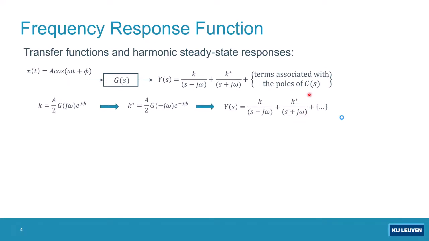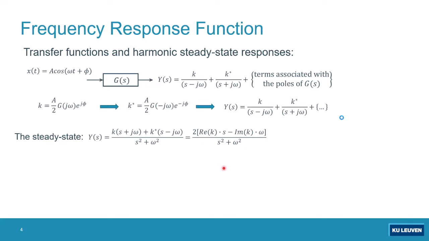So what I can do now, I will sum these two terms. So what I will have is this form. It's pretty straightforward to find this form, and then I will sum them all. I will extract this equation. I will lump s with s and j omega with j omega, and this is what I will get, right?